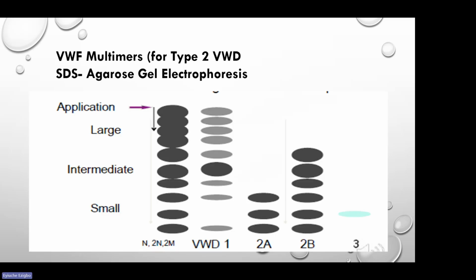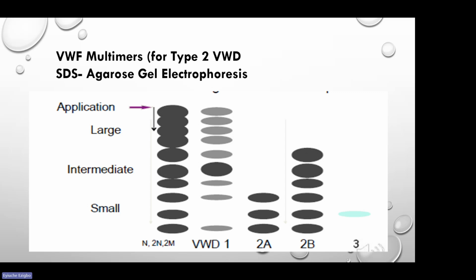This is a diagram showing the multimer presentation in some types of von Willebrand disease. You can see type 3 von Willebrand disease, where there is almost complete absence of von Willebrand factor. You don't find any von Willebrand factor multimer. Then type 2B, where there is increased affinity for platelets.